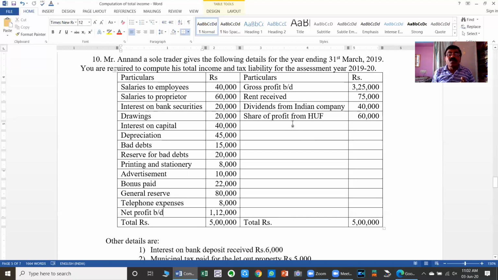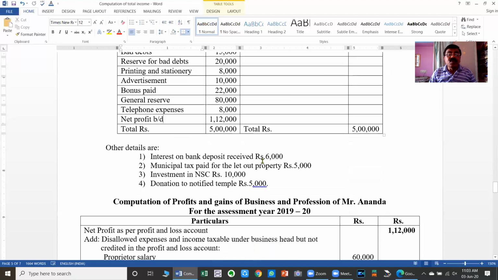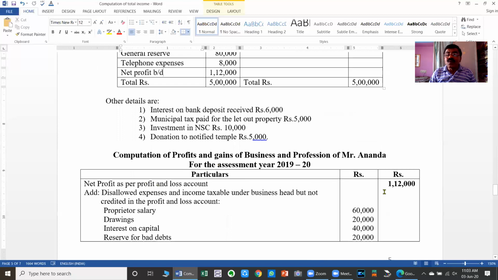So to the net profit, first of all, we have to add disallowed expenses and incomes taxable under business but not credited in the P&L. As the first step in the computation of business income, the net profit as per the P&L account is 1,12,000 rupees.